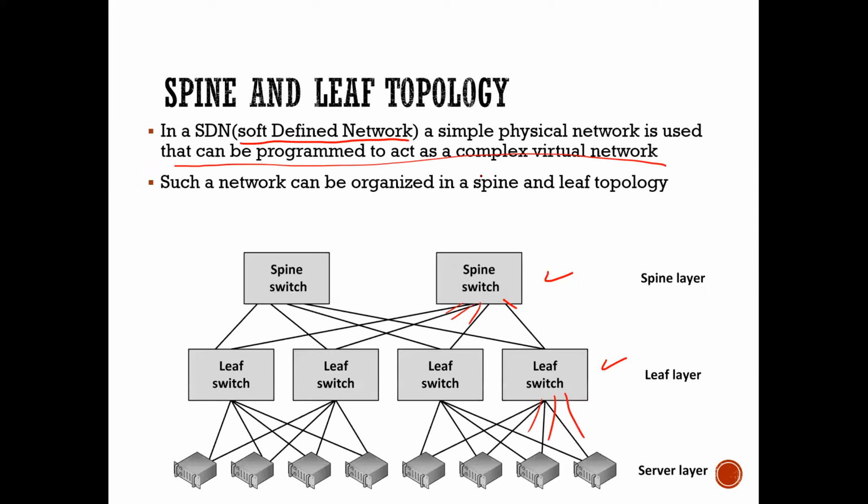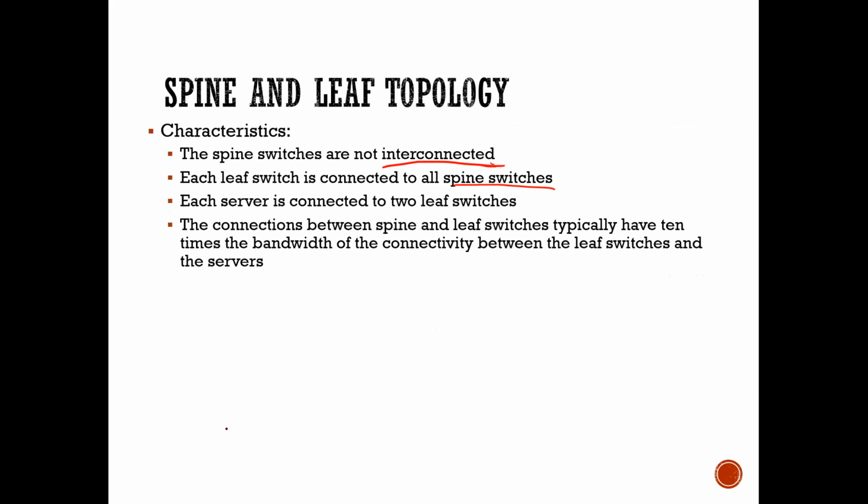If we notice that those switches, the leaf, are connected to all switches, to this one and this one, and similar for this one, this one, this one, and the computers as well are connected to the leaf as well. Okay, each server is connected to two leaf switches. The connections between spine and leaf switches typically have 10 times the bandwidth of connectivity between leaf switches and the servers.